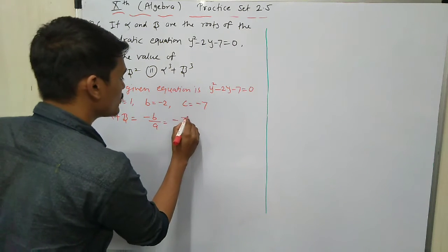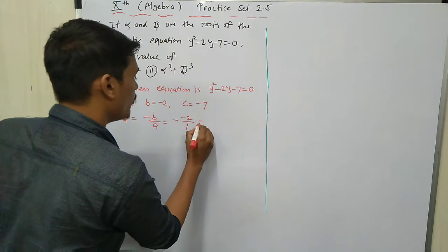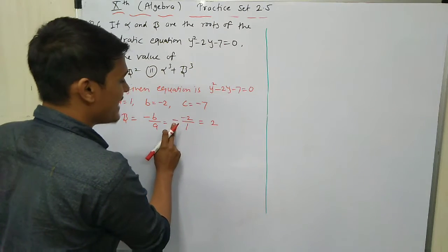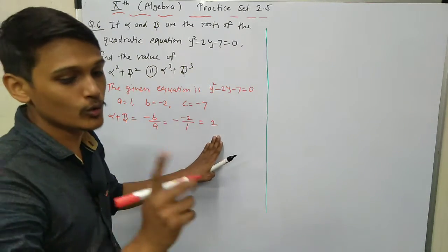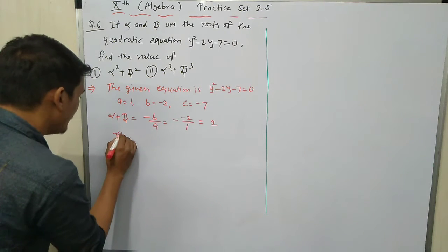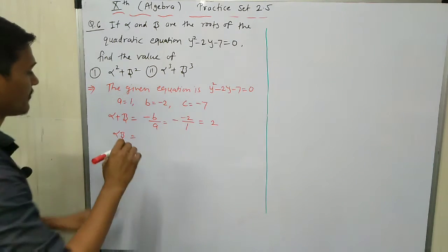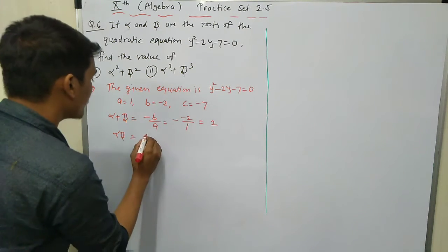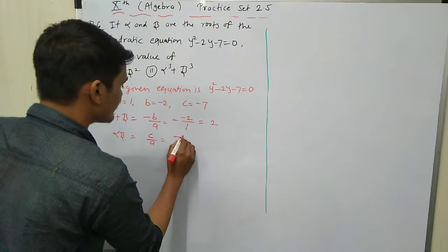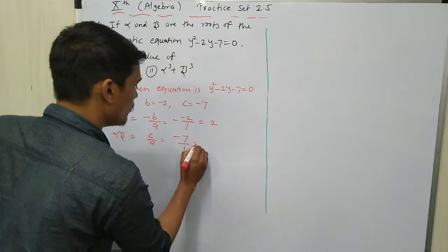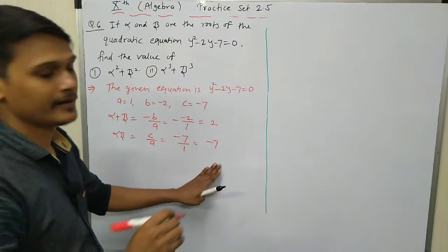Minus b value is minus of minus 2, upon a which is 1, is equal to 2, because minus minus will be plus. So the value of alpha plus beta is 2. Now second, alpha into beta is equal to c upon a, c is minus 7, a is 1, is equal to minus 7.